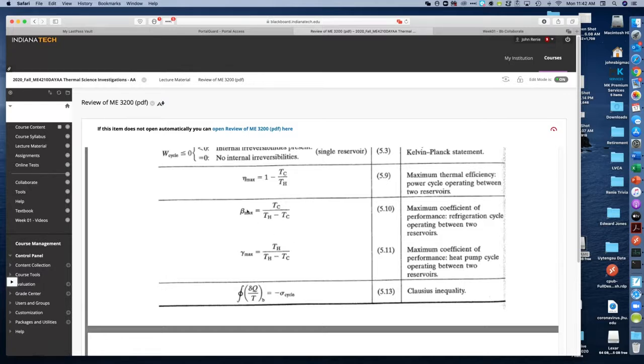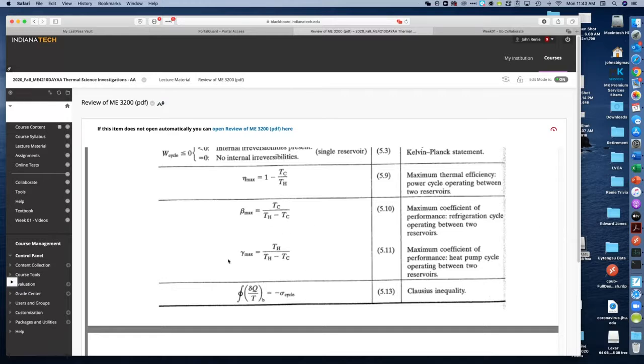And we find that the best coefficient of performance is directly related to those temperatures associated with the reservoirs. Likewise, the heat pump is very similar. We are looking at the amount of heat that can be rejected into the high temperature reservoir as we pull that heat from the lower temperature reservoir.